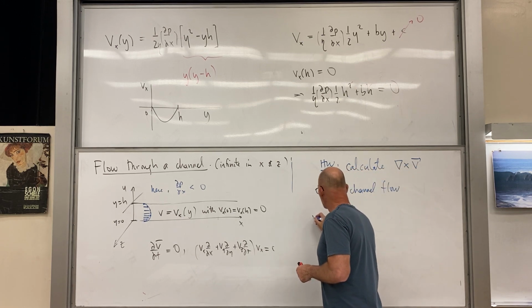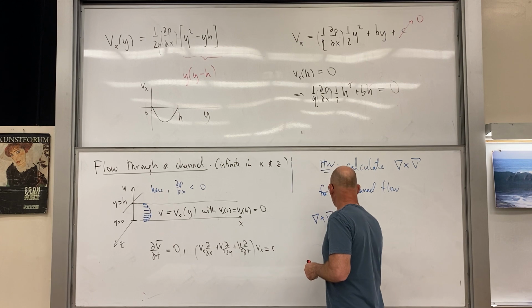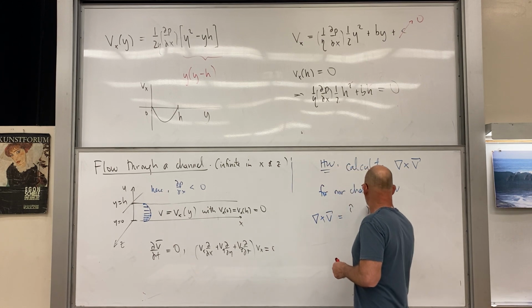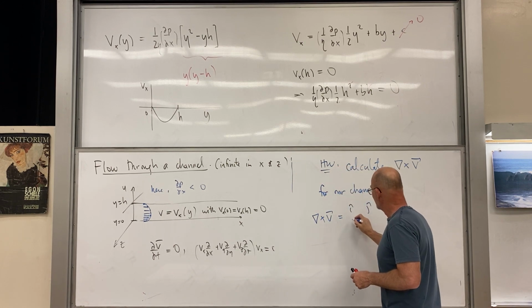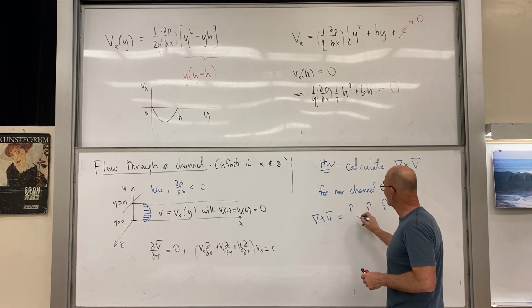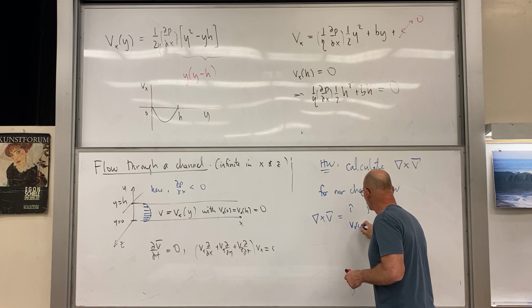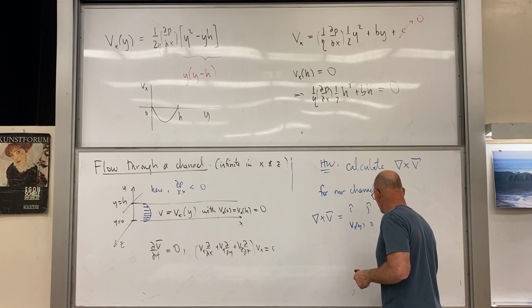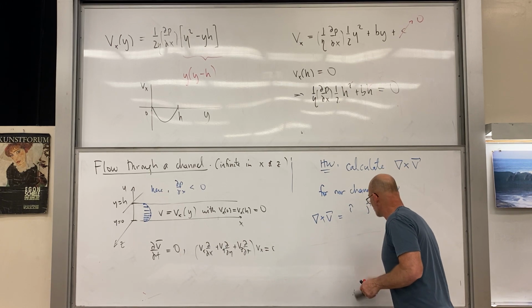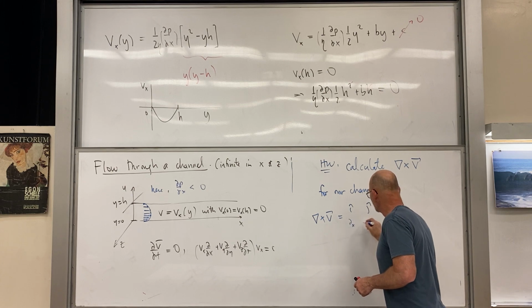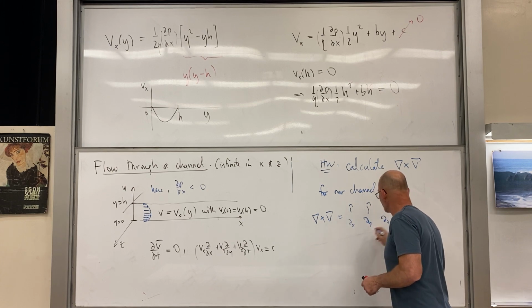But yeah, you've got your curl of V, and once again, now your Vx, you're just going to have a Vx of y, 0, 0. Your derivatives are dx, dy, dz.